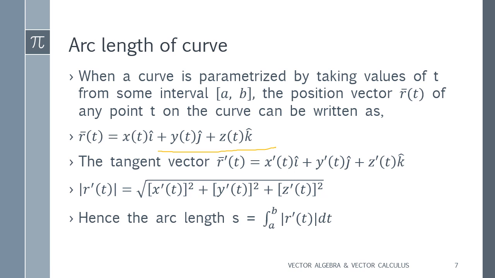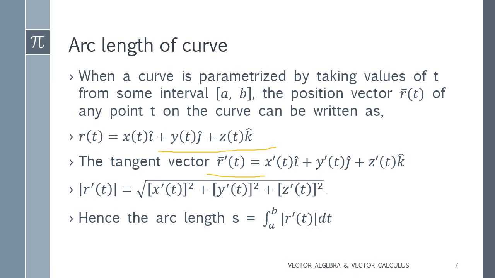The tangent vector that we are going to apply here will be its first derivative, x dash t plus y dash t plus z dash t, and then you have to find its magnitude, so that will be mod of r dash t equals under root of x dash t square plus y dash t square plus z dash t square.